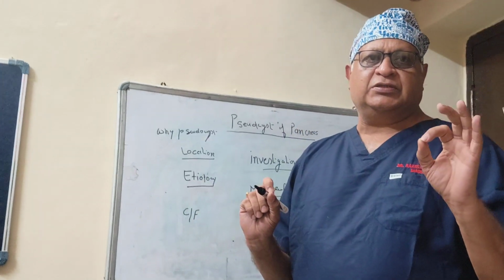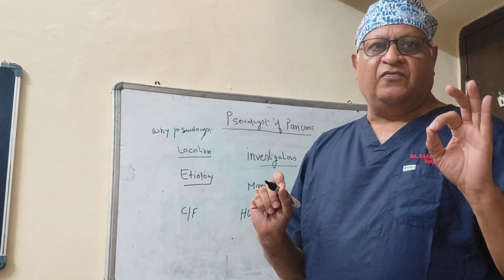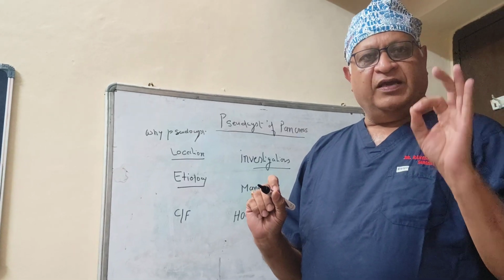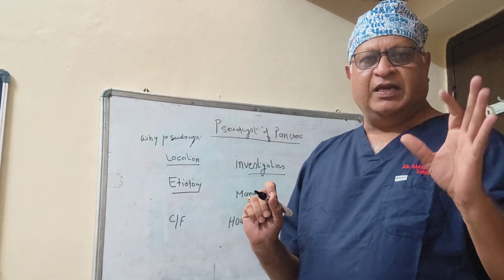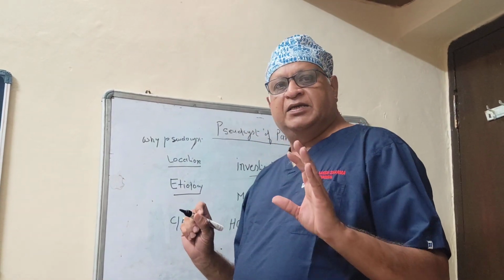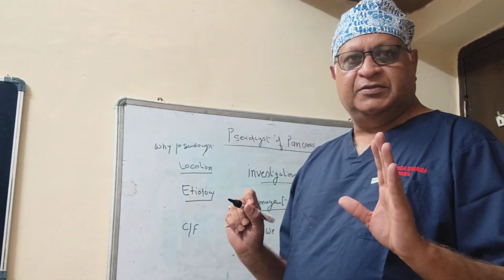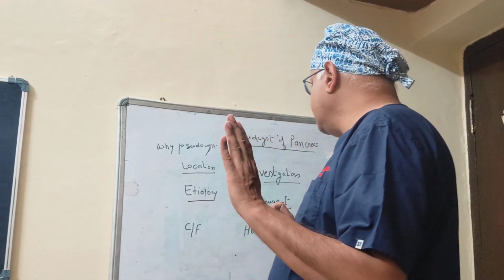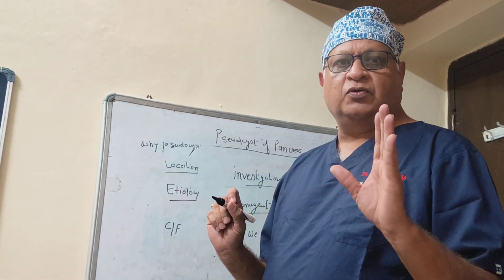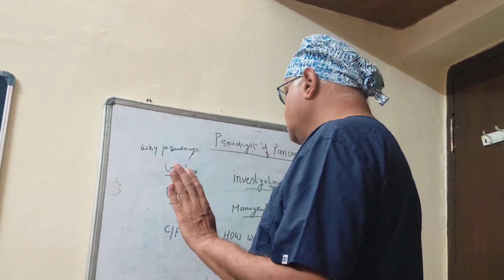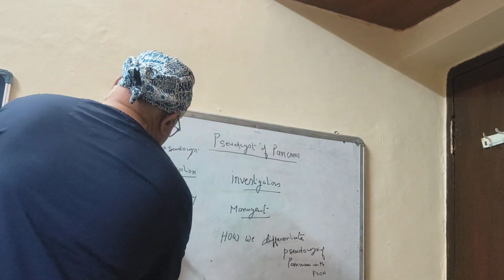So if the pseudocyst of pancreas is not resolved within 6 weeks, we have two options to manage it: surgical management or endoscopic management. The surgical operation is called cystogastrostomy. There is the stomach.